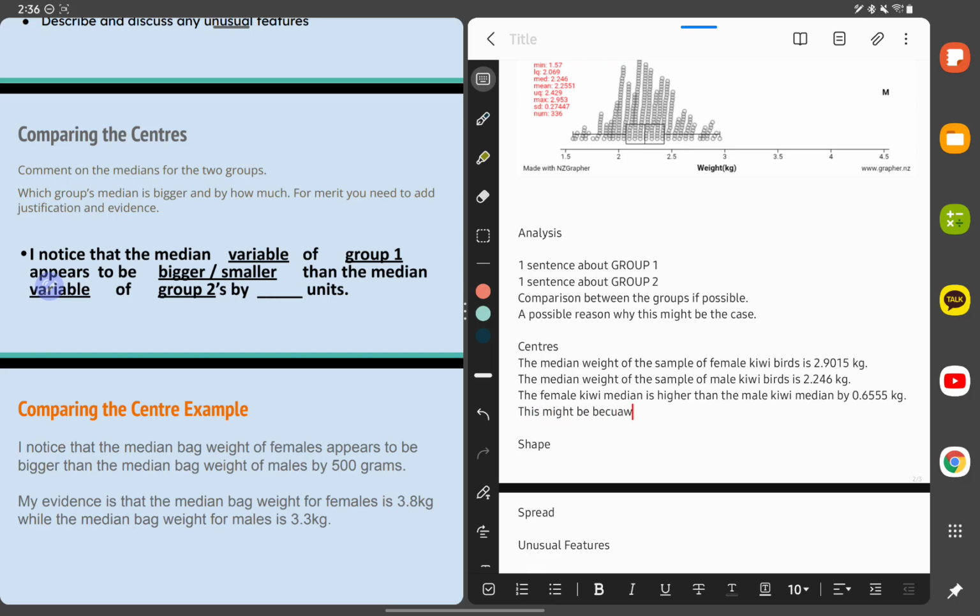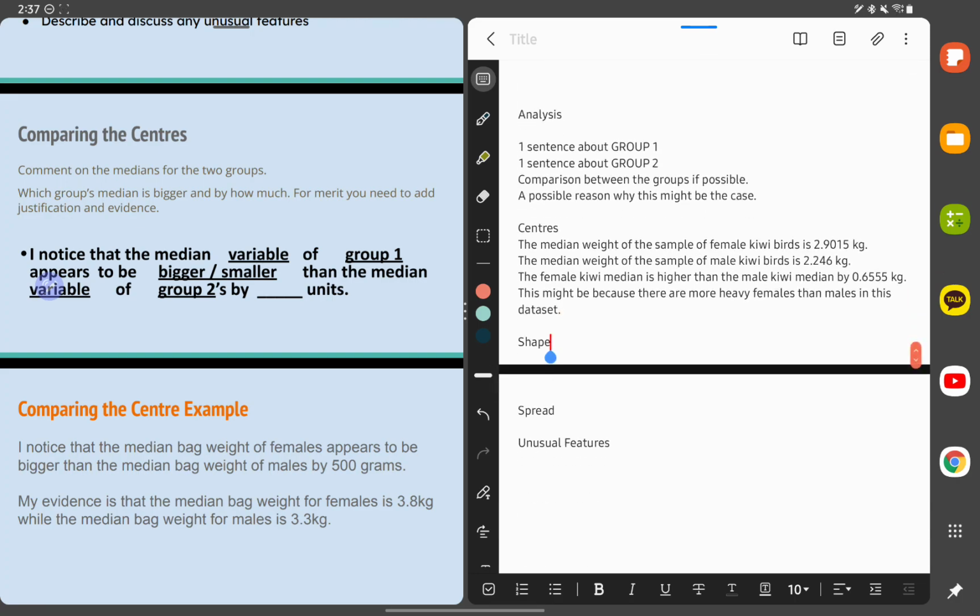This might be because, and then we think of something, or maybe because there are more heavy females than males in this data set. Boom. Something like that, right?